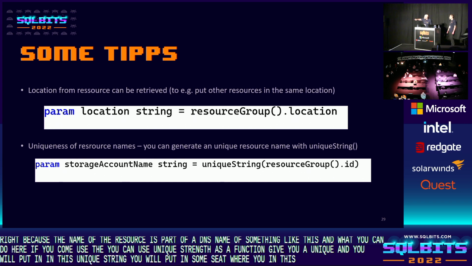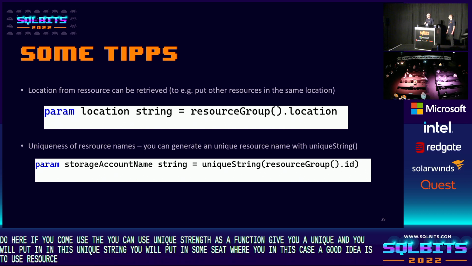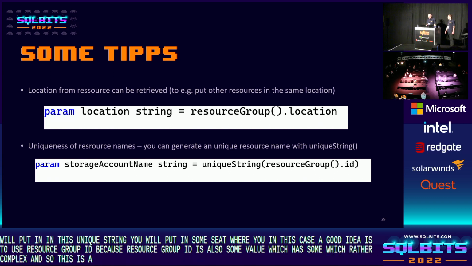In this case, a good idea is to use the resource group ID, because the resource group ID is a rather complex value, and so this is a good seeding value for your unique string.